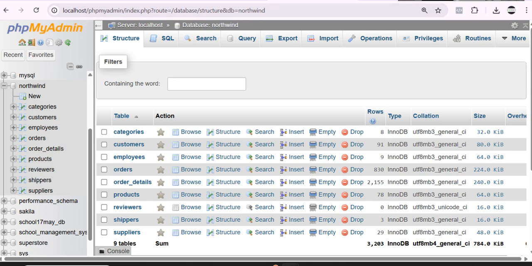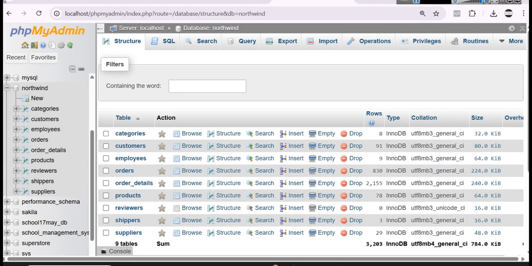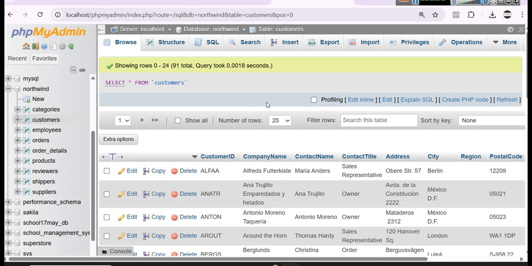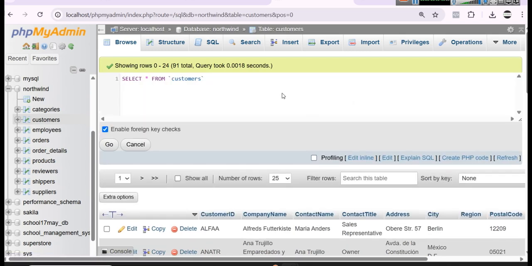So we will open our database here, and in the database we will open the customers table. Now the operator that we are discussing today is also used with the where clause, and this operator is the like operator.